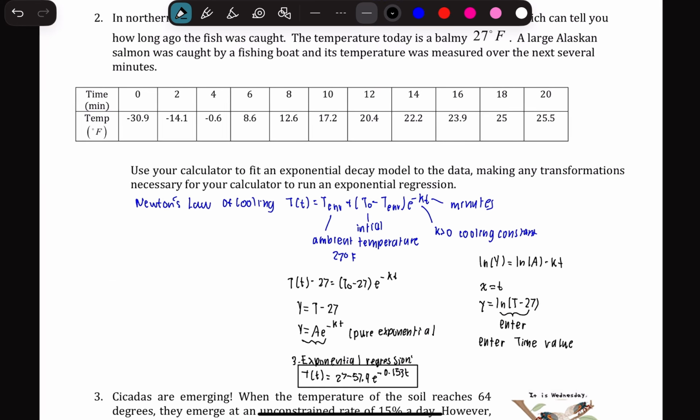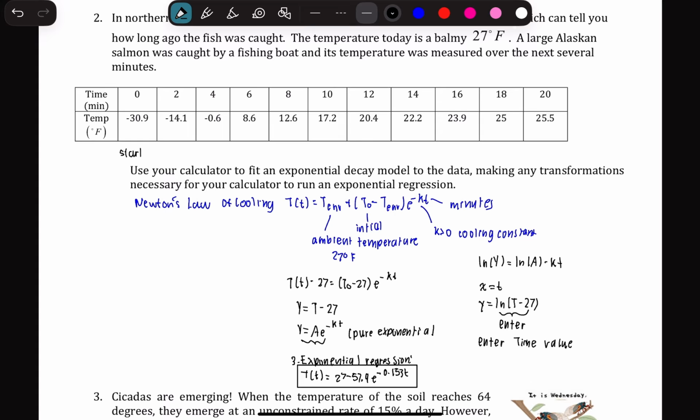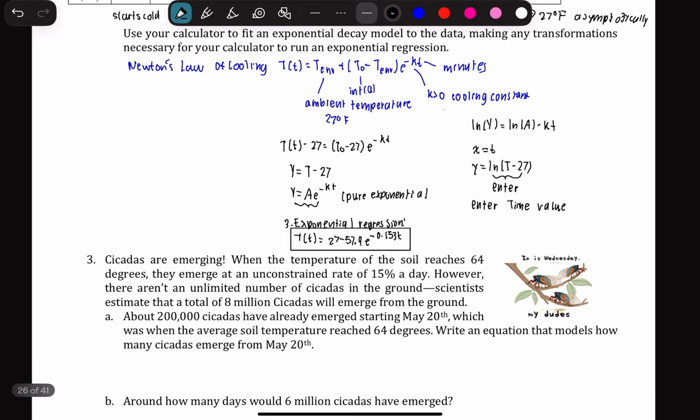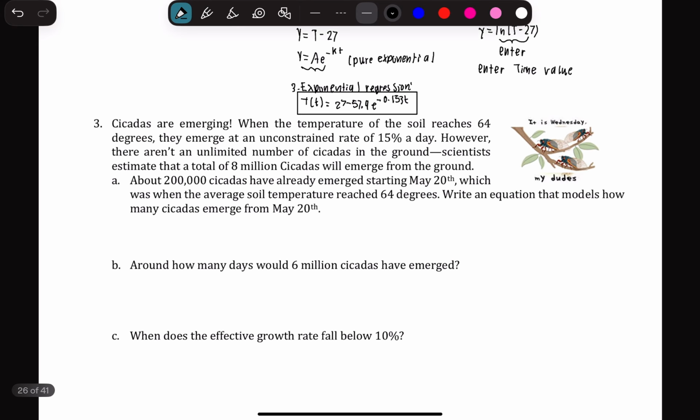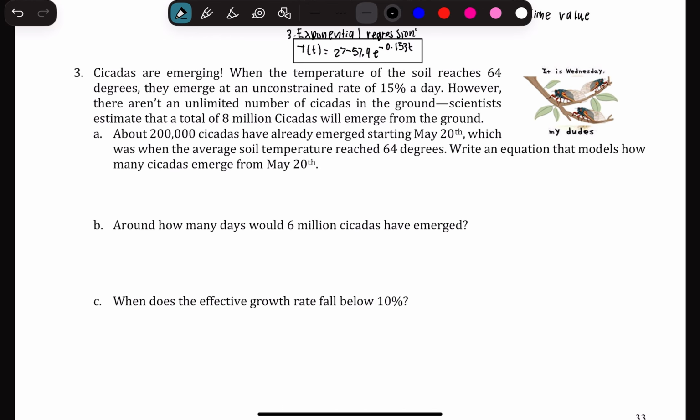As we know, it starts out cold, and then it increases, and then it approaches 27 degrees Fahrenheit asymptotically. So essentially that is the upper bound for what the y values will reach.